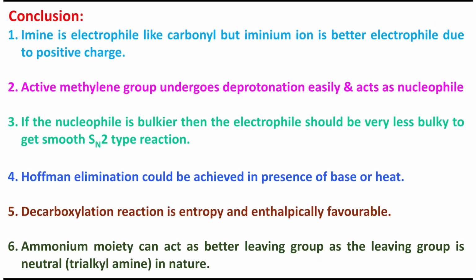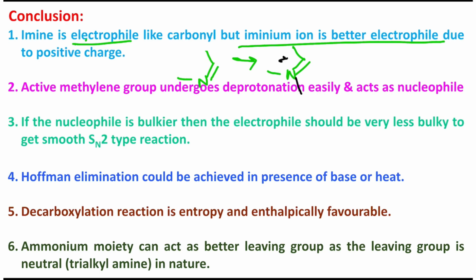So in conclusion, what you have learned today is that imine is actually a very good electrophile, fine, but its electrophilicity further increases when iminium ion is produced. You may consider that this is an imine, and if you make it an iminium, this is cationic.